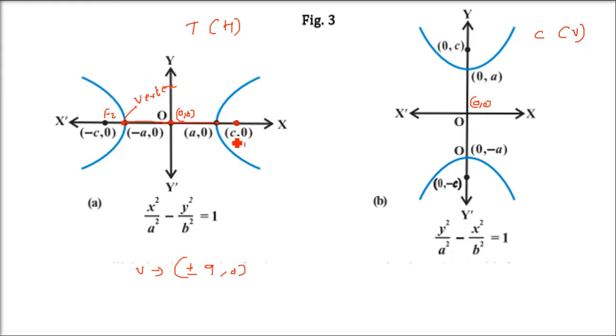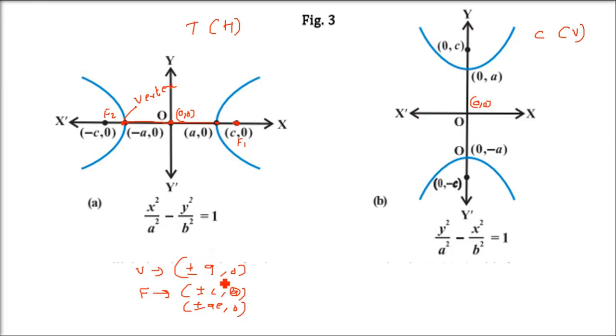So let us say that this figure has two foci, F1, F2. Now if you assume it to be some c distance from the origin on the right-hand side and minus c on the left-hand side, you will call it plus minus c. I'll prove later that this c is equal to ae.